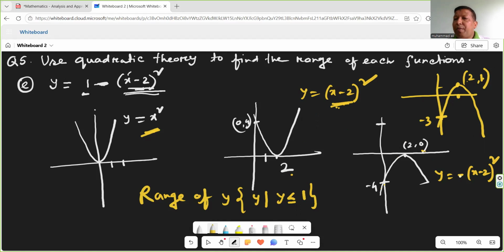Y value I multiply by minus 1. After that I get these things. And here this is y equals to 1 minus x minus 2 whole square because I have to add here plus 1. So finally, I decide the range of y from this graph.